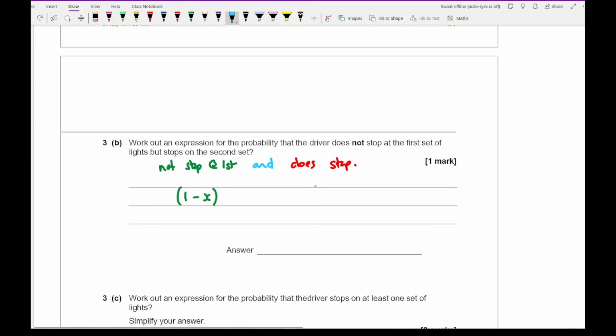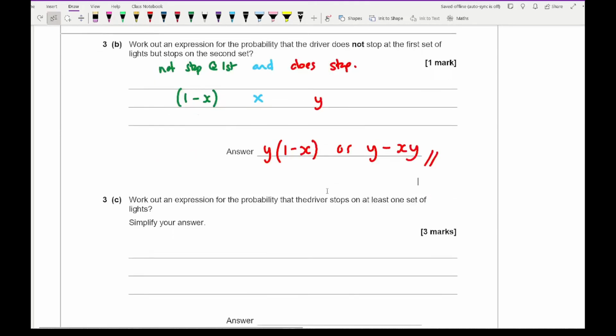So and means times, and does stop, well, that's just the probability of y. So then writing this as an expression, we multiply those two things together. So it's going to be y multiplied by 1 minus x in brackets, or you could write your answer as y minus xy. Any of those two would be fine to get the mark.